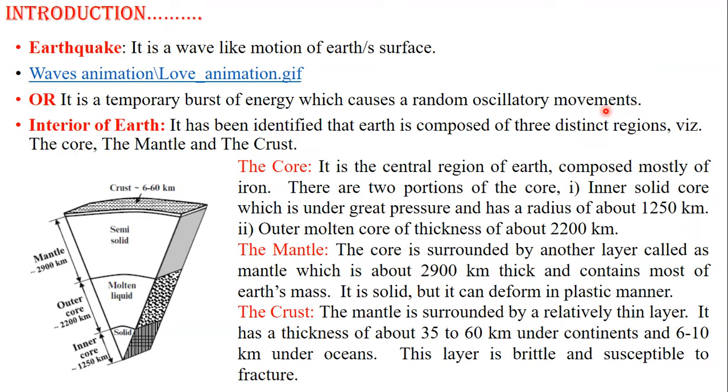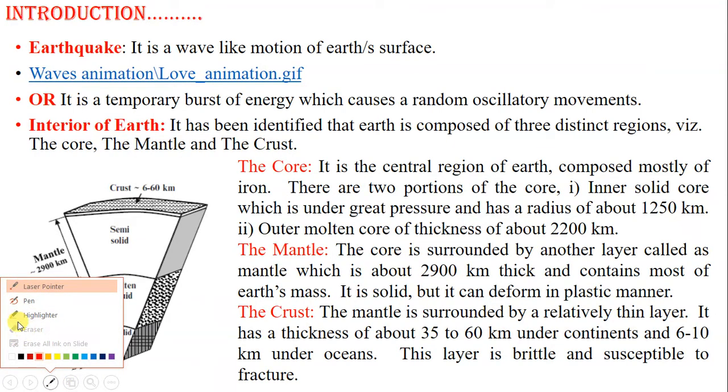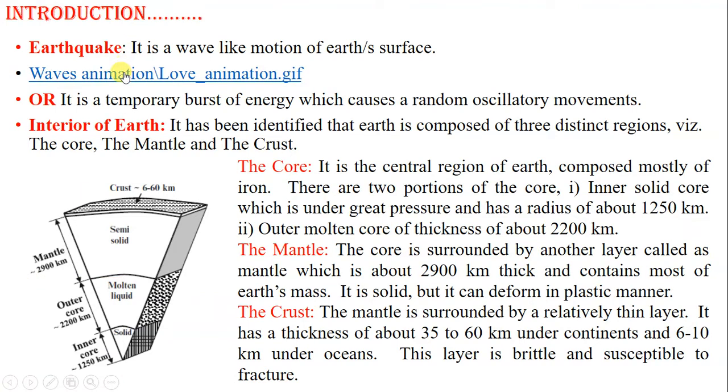So when a huge amount of strain energy is stored in the interior of earth, suddenly it bursts, and the burst of energy, strain energy more precisely, is called earthquake. So earthquake is a wave-like motion.